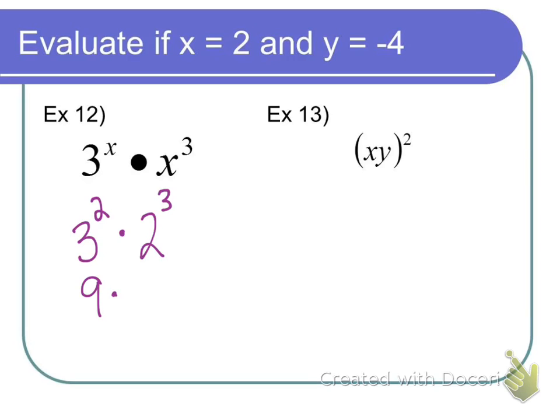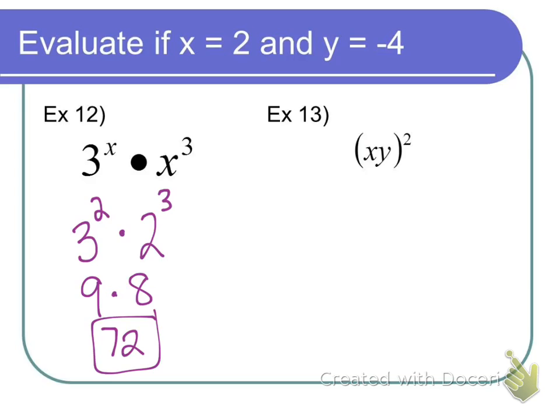Times, Jamarl, what is 2 cubed going to give me? 2 times 2 times 2? 8. Last step is going to be to multiply those together. Danielle, what do I get as my final answer?